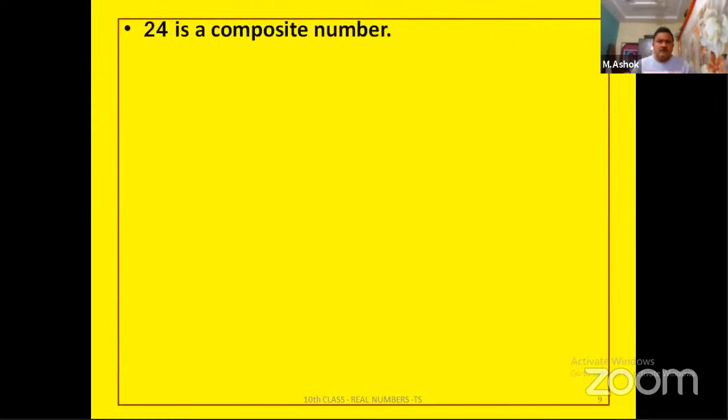So look at a few examples. First one, we know 24 is a composite number. We will write the prime factorization of 24.